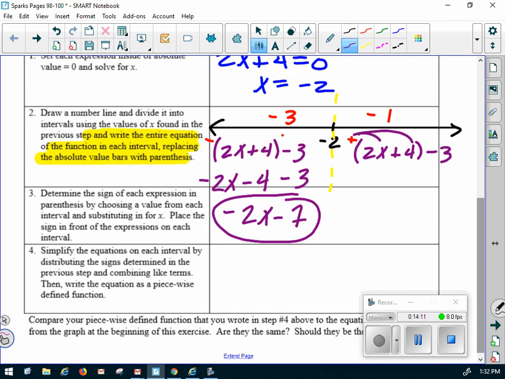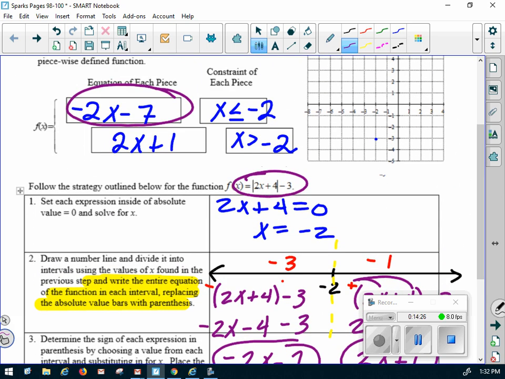We're going to distribute a +1, which means that's just still 2x plus 4 minus your 3. 2x plus 1. So when x is bigger than -2, your equation is 2x plus 1. It's pretty slick. Pretty slick.